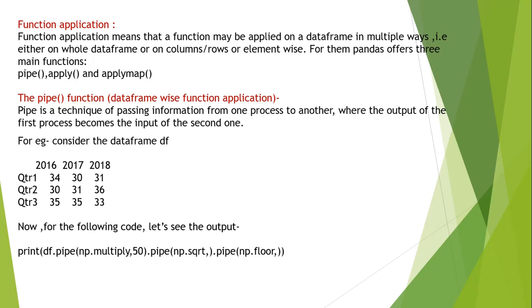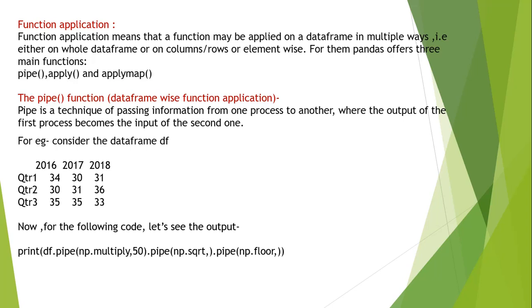Suppose we write the code for this. print(df.pipe(np.multiply, 50).pipe(np.sqrt).pipe(np.floor)). Clearly, we have to apply three operations here. The first one is the multiplication operation, that is, we multiply the data frame values with 50.